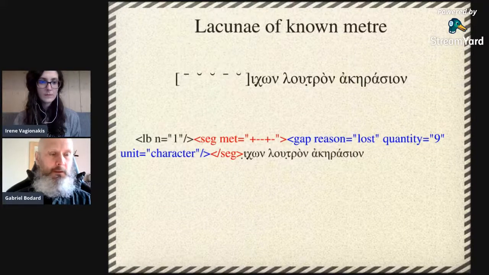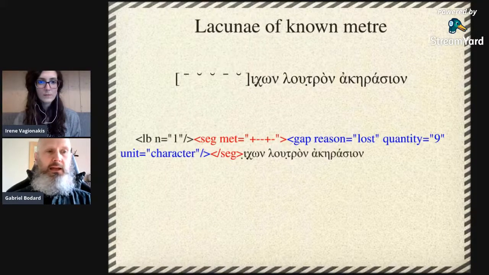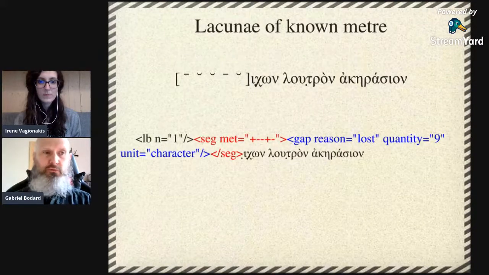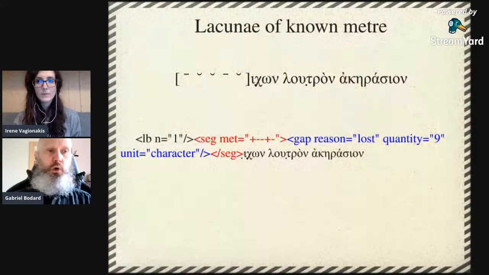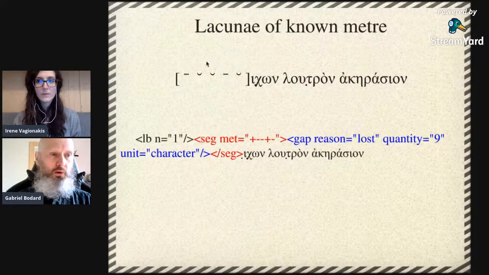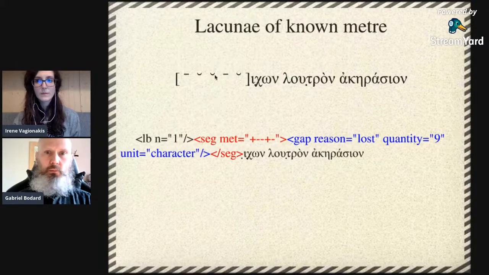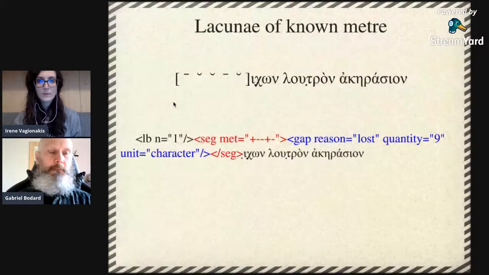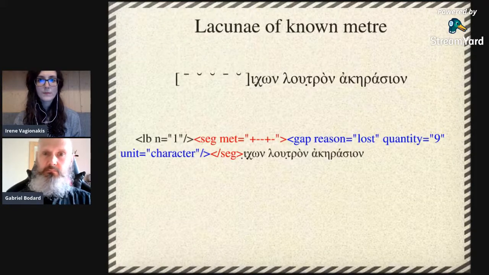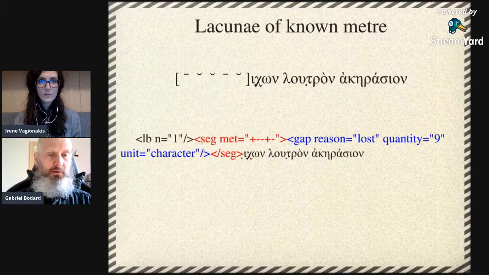So this is the metrical pattern in principle, and this can be used to generate either a relatively diplomatic view of the text, where we just see the square brackets with dash circa 9 inside, saying that there's roughly 9 characters missing, or to represent this slightly more literary view that we saw in this example, with the meter represented in the addition within the square brackets there.